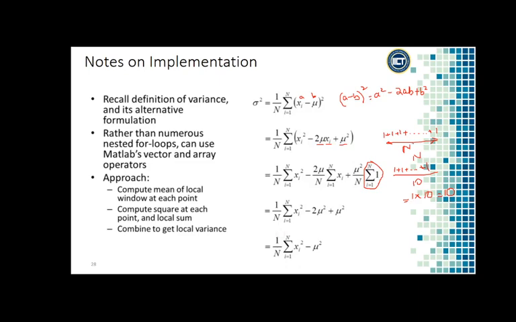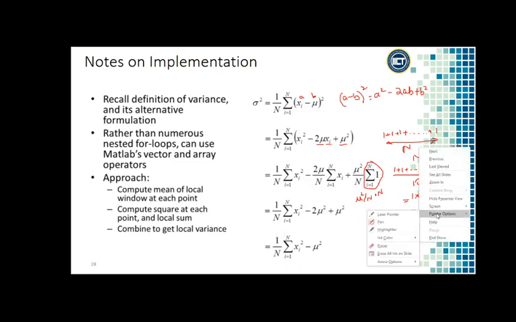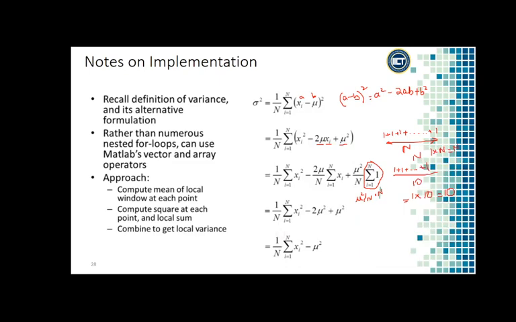Applying the same concept here, if 1 is added 10 times, you can just multiply it with the n and you will get n. So you will get mu square upon n multiplied by n, and n and n get cancelled out, and you will get mu square.